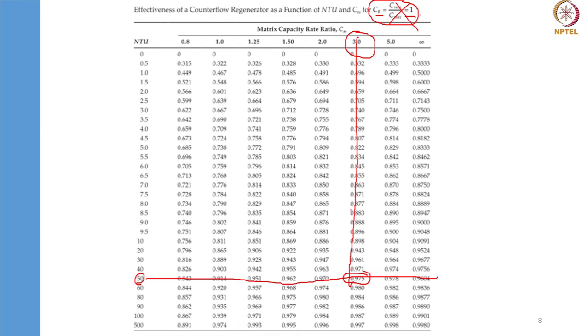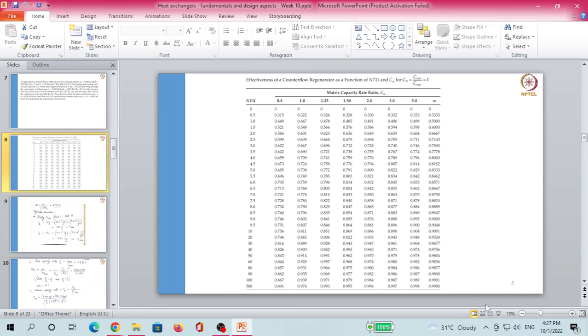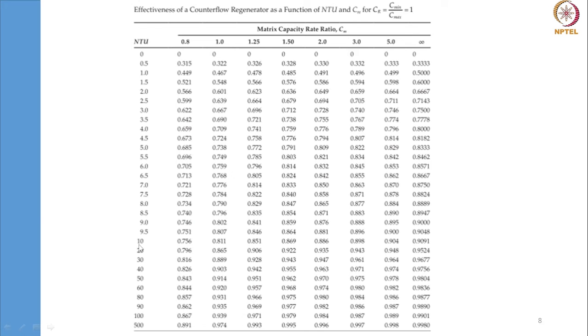For matrix heat capacity ratio 3 and NTU 20, I have an effectiveness of 94.3, that is 0.943.